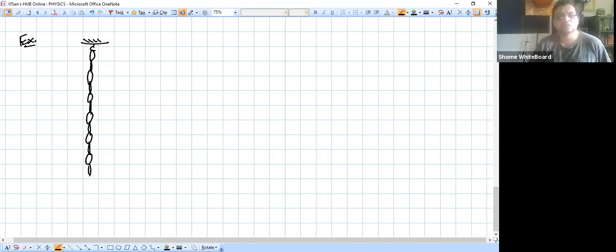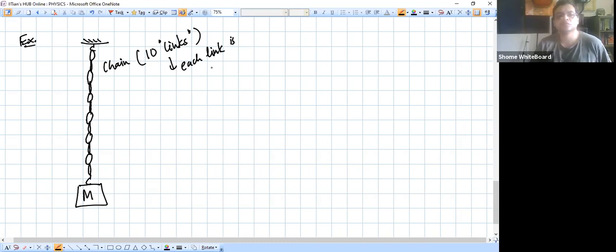It has 10 links, and each link is of 1 kg mass. So it's a heavy chain. The total mass of the chain is 10 kilograms.